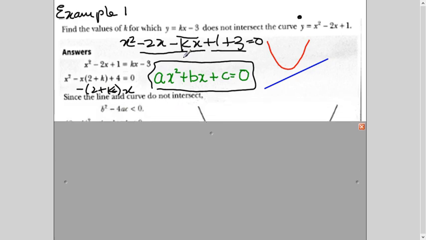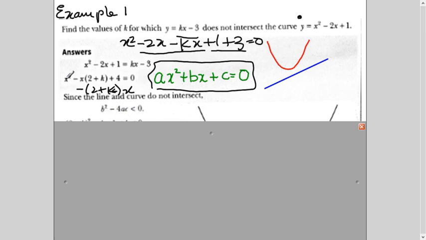So now, because the question was saying that the curve and line are not intersecting, it means the discriminant will be less than 0. Why? When the line is not meeting the curve, there is no solution. And when there is no solution, the discriminant is negative, less than 0. Now you will plug in the values of a, b, and c.